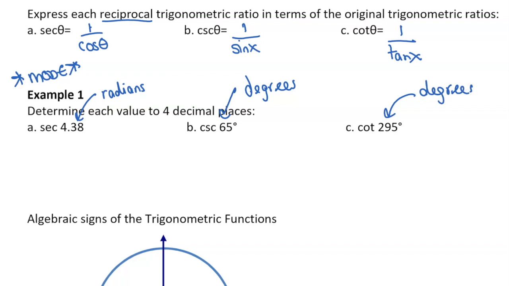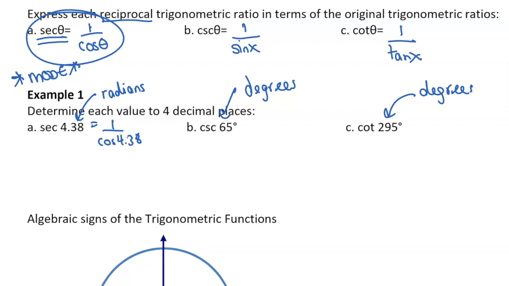Okay, so looking back at the example above right here, secant of 4.38. If secant of theta is equal to 1 over cosine theta, then secant of 4.38 would be equal to 1 over cosine of 4.38. And that's what you're going to enter into your calculator right now.